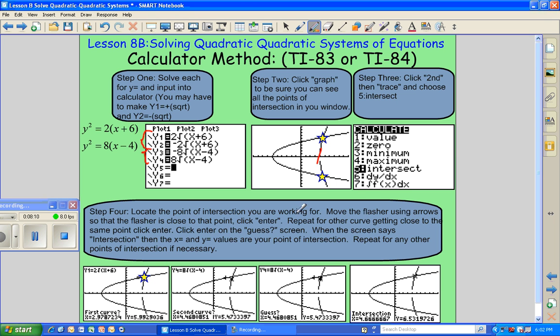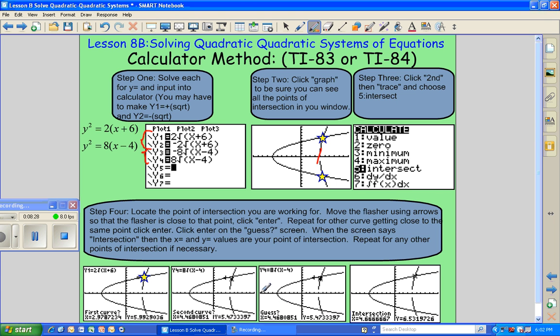If you're not sure, you're just going to use your up and down arrows to go in between the different functions. And you'll see the flasher guy flashing on the right function. And so you move it around until you can find that one. You'll hit enter on the first curve, enter for the second curve.